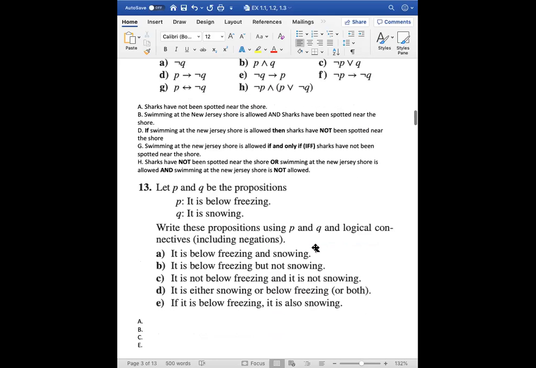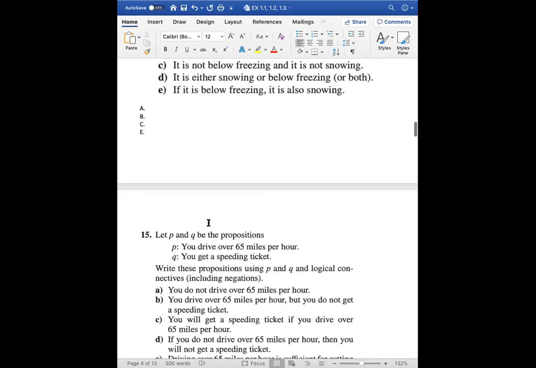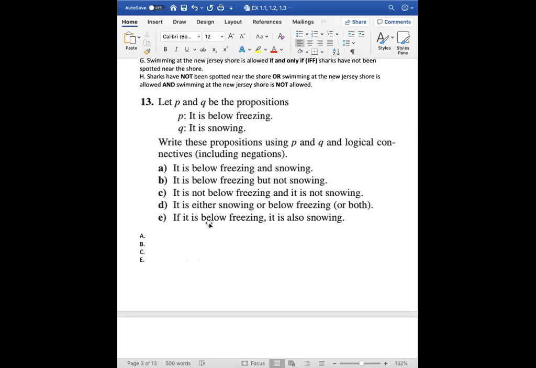All right. Okay, let's move on to part number 13. For question number 13, we have these propositions represented by the variables P and Q. We have to represent them in propositional statement form.